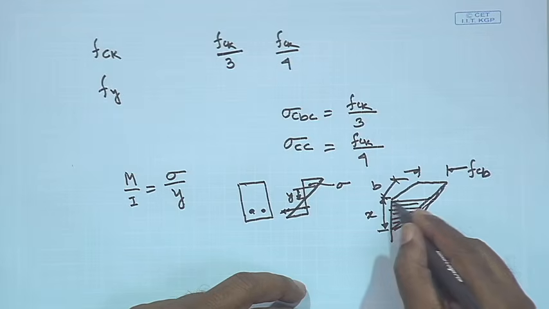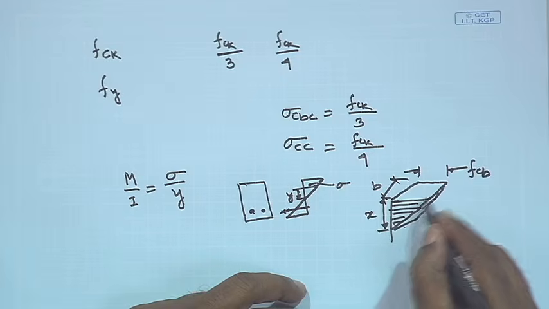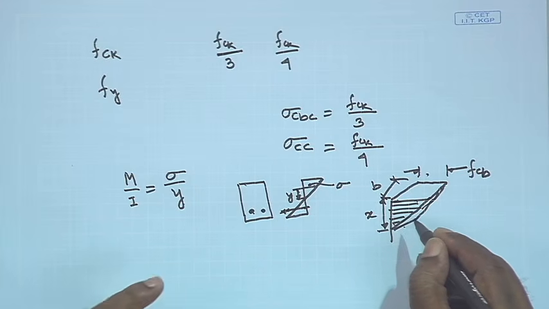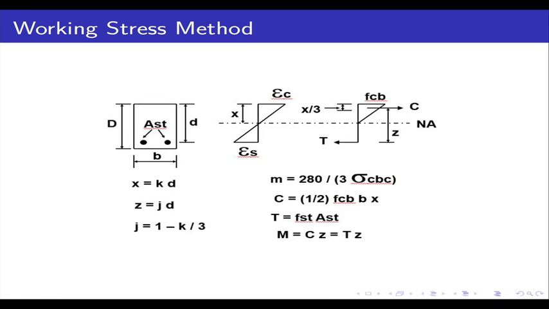So, this is half FCB into x into b. That volume we get is the compressive force which is acting on the concrete.